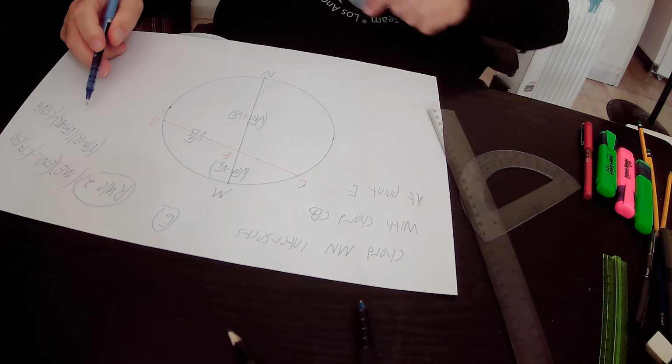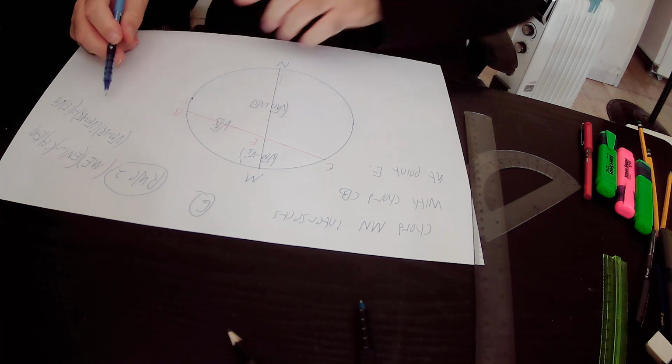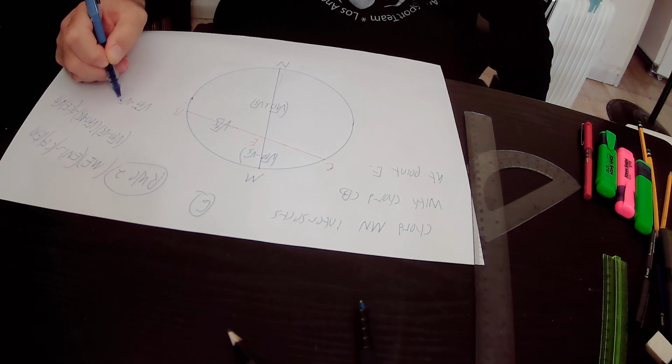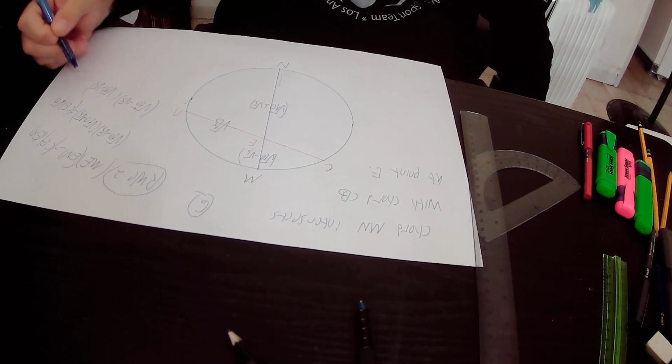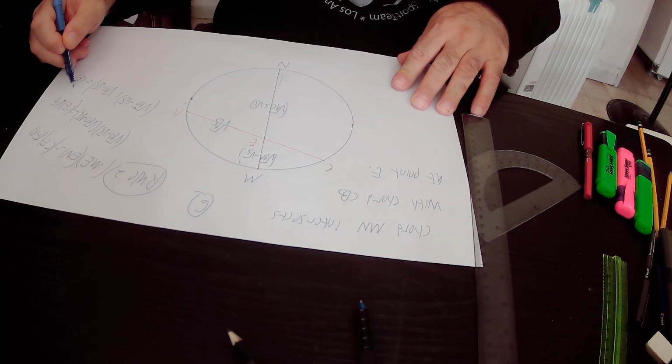So here we can change the order. Why? Because A times B equals B times A. Okay, so we can write down that square root of 10 plus square root of 5 times square root of 10 minus square root of 5 is equal to CE times square root of 15.